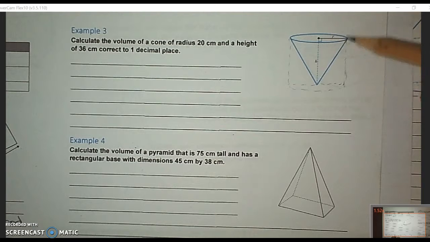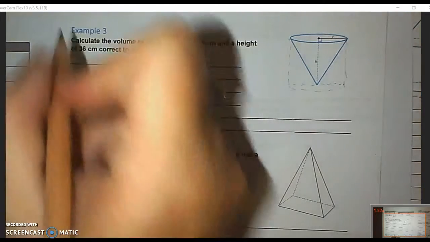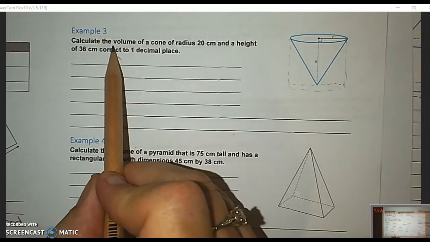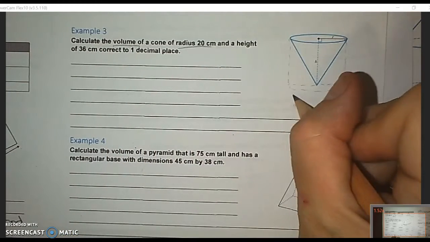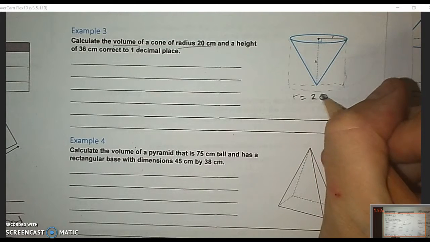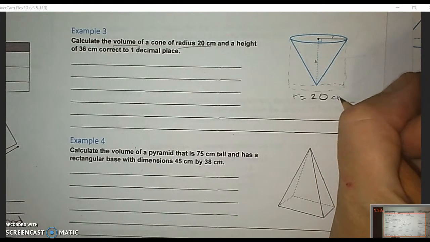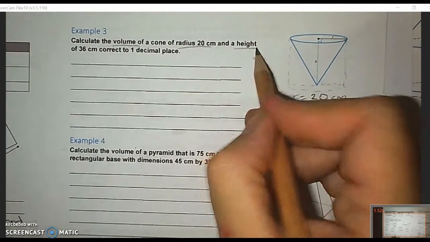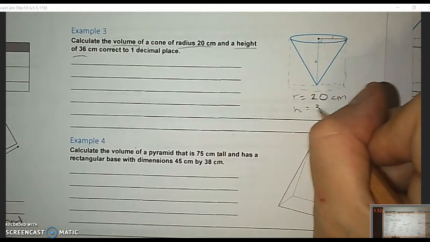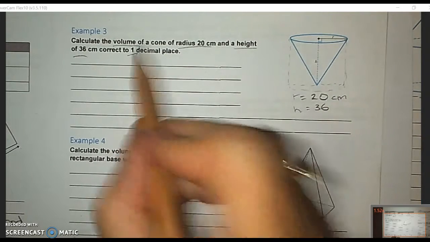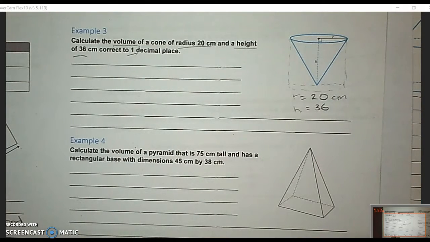So being a circle at the bottom, it's going to have the same as a cylinder, only divided by 3. So the question has asked us to calculate the volume, radius of 20, so R equals 20, height is 36, and to 1 decimal place at the end.